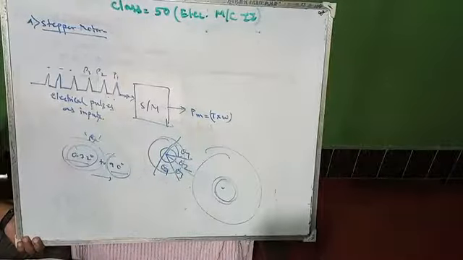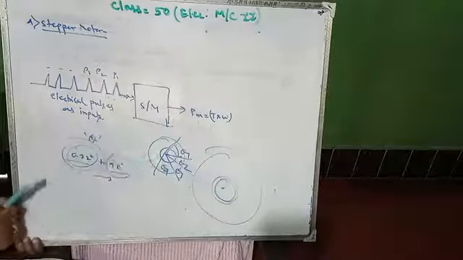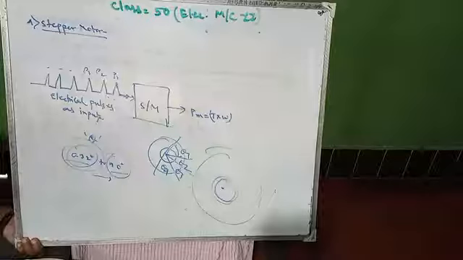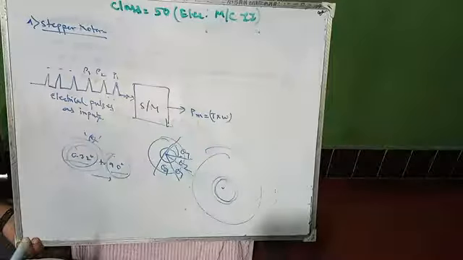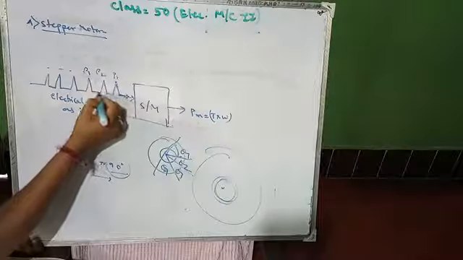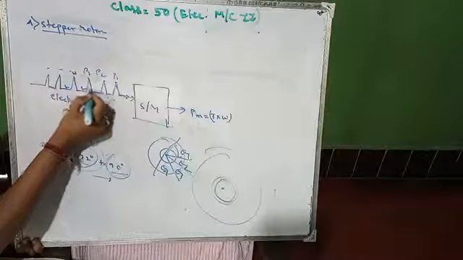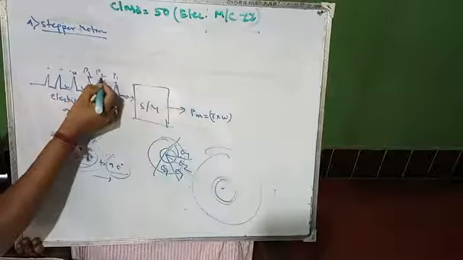Thus a stepper motor can be regarded as a digital electromagnetic device, and that's why it is called a digital electromagnetic device. Why? Once it is fed by 1, that is a high value, it is high, it is low, it is high, it is low. So the input is high, low, low, low, low, high, high, high, high.